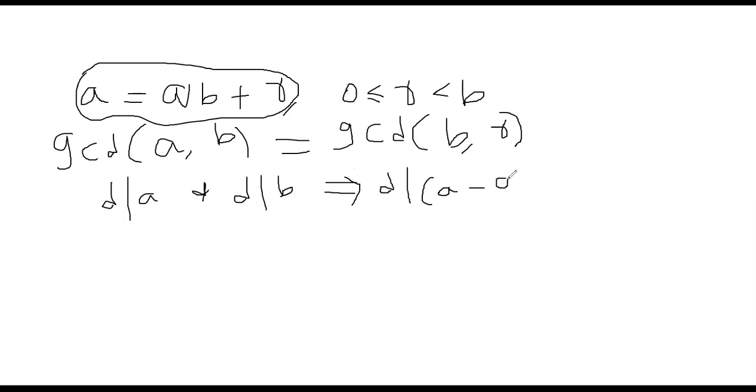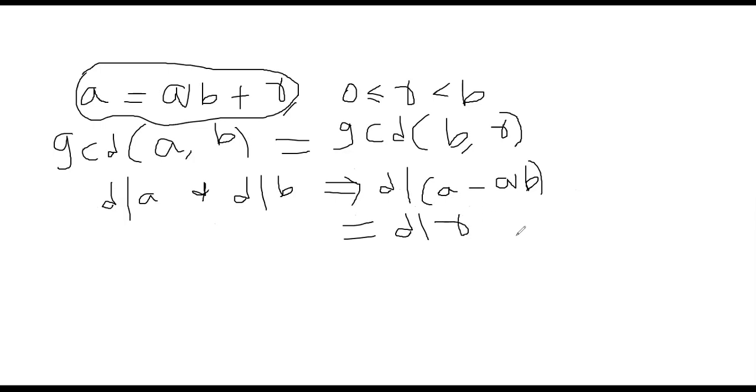It's coming directly from the definition of division. If A is divided by D and B is divided by D, then A minus QB will be divided by D. That means this is true. Which means, what is A minus QB? A minus QB is R from this equation, which means D divides R.